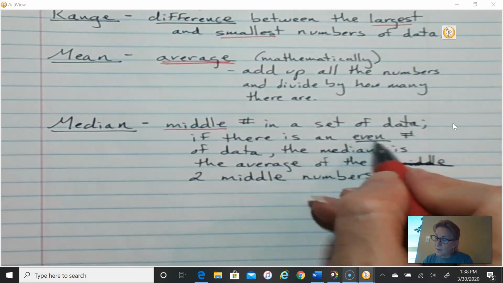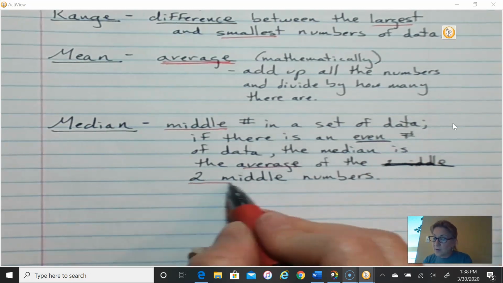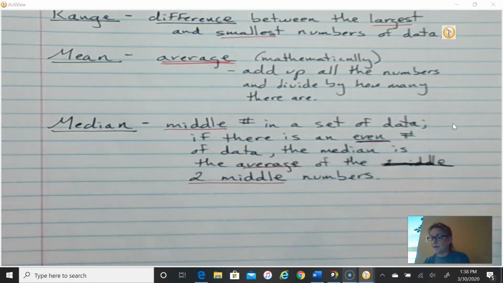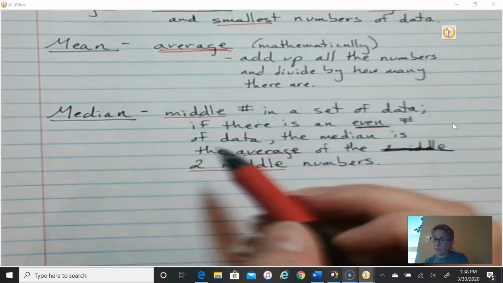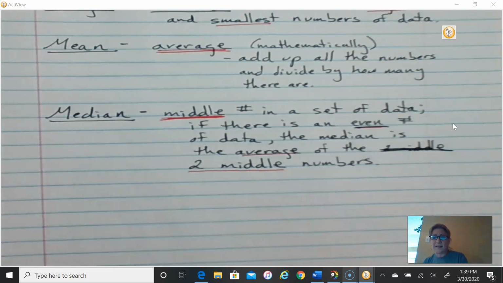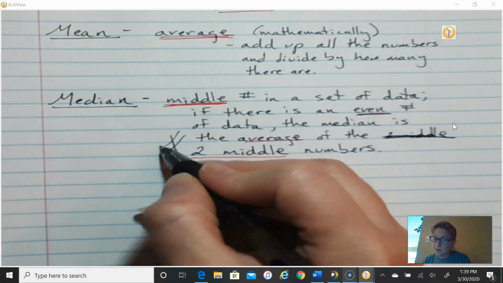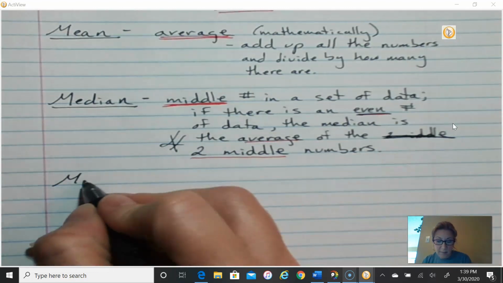Okay, if it's even, it's the average of the 2 middle numbers. That's only if it's even. Okay? So the median is the middle number, but if there's 2 middle numbers, when you go to the center and there's only 2 instead of 1 by itself, then you need to get the average of those 2. Again, you add those 2 numbers and divide by 2. So this is important. All right, mode.